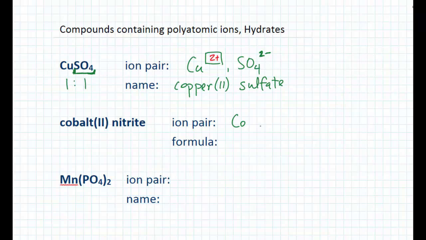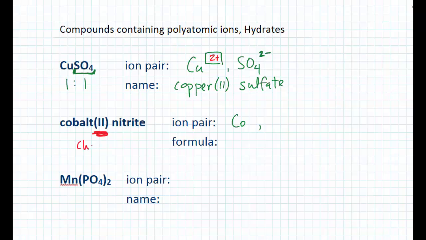Actually I don't need a box there, because how do I know what charge cobalt has in this one? It tells you right there. You would be shocked to learn how many students ignore the charge that's given to you right there in the name.